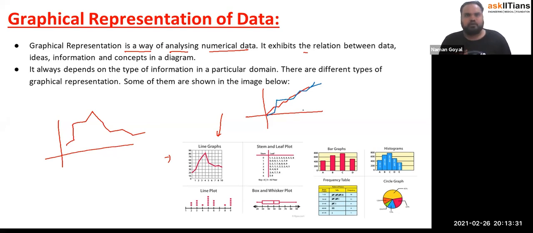Why do we make two graphs combined? For comparison. Are you getting my point?